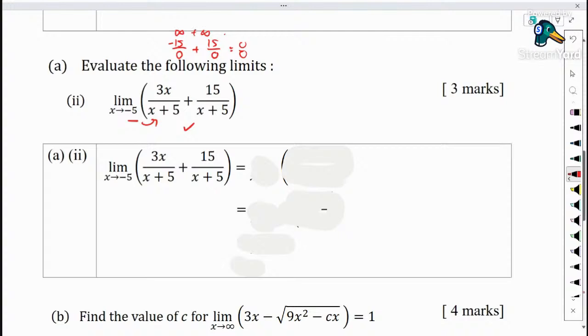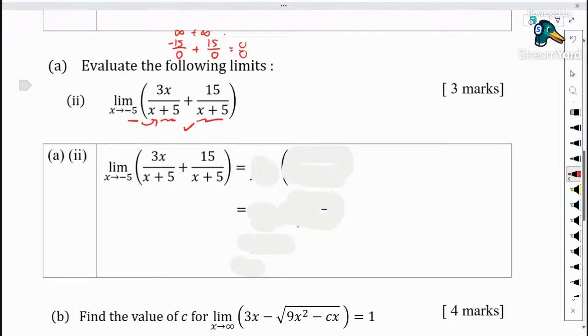Instead, there are some strategies we need to consider to solve this type of question.